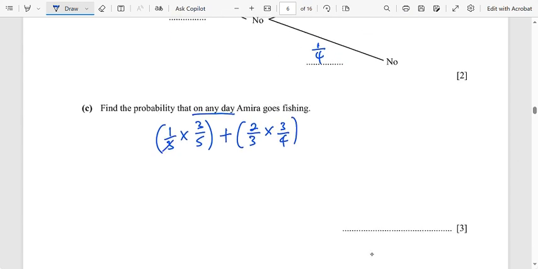So in the first one, the 3 and the 3 cancel out. We get a 1 over 5 plus, the 3 cancels the 2 here, 1 into 4, that's 2 and a half, which is 0.2 plus 0.5, which is 0.7 or 7 over 10.